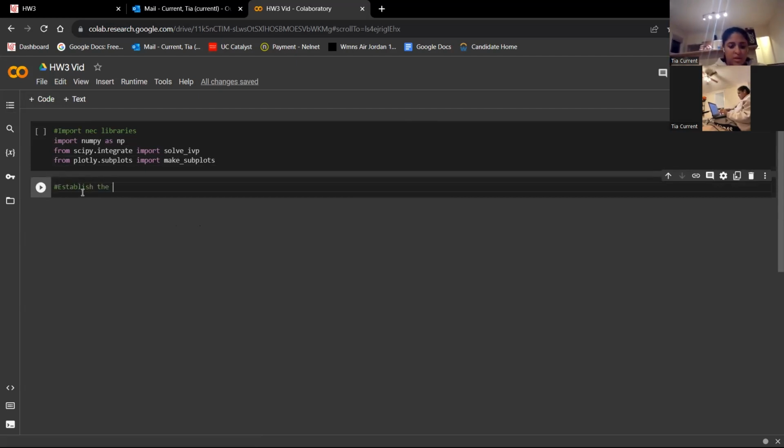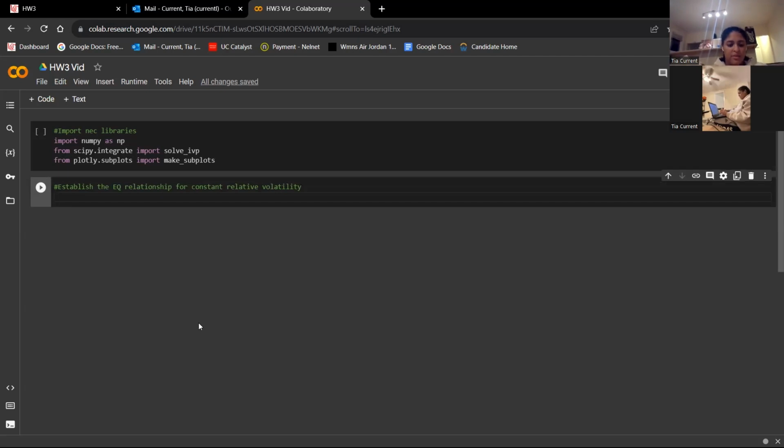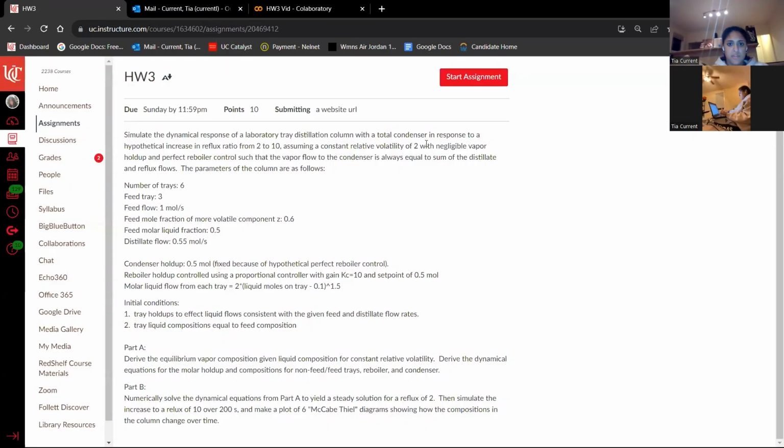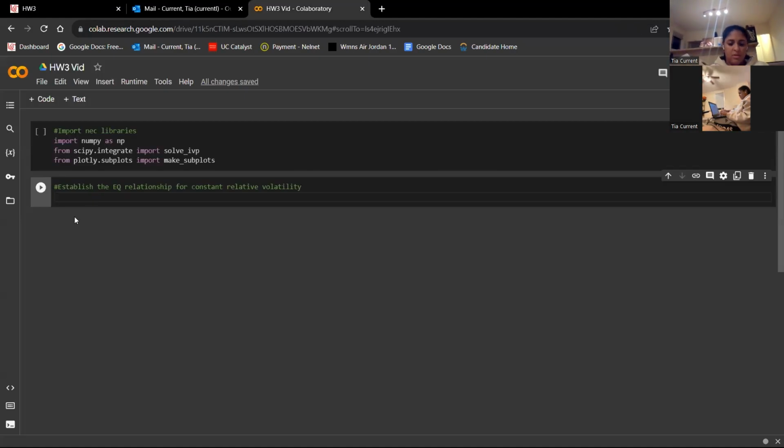establish the equilibrium relationship. Constant relative volatility. Okay, so our relative volatility according to the homework is going to be alpha equals 2.0.